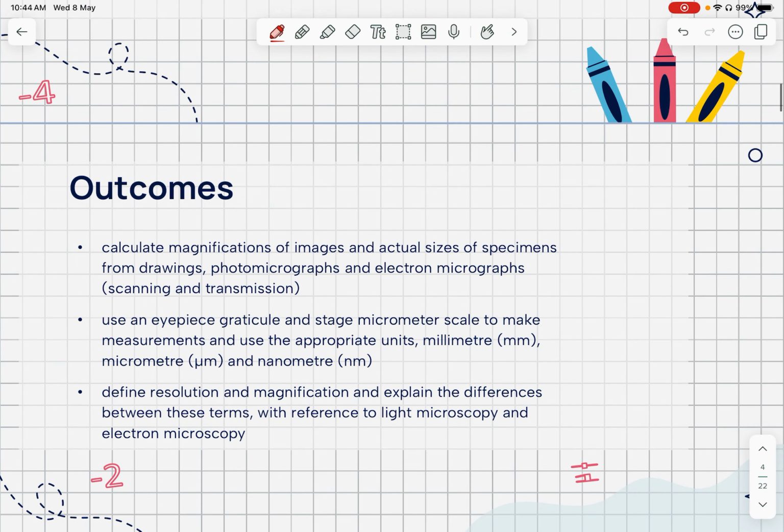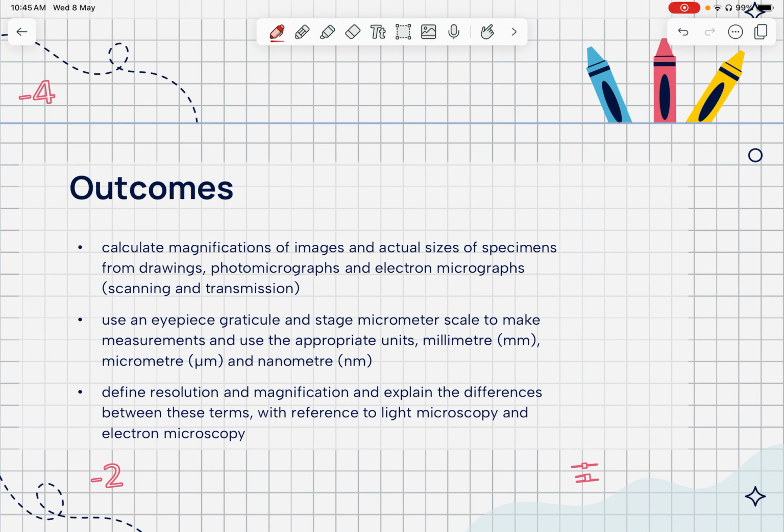The outcomes for today are to calculate magnification for images and actual sizes of specimens for drawings, photomicrographs, and electron micrographs with either scanning and transmission. Use an eyepiece graticule and stage micrometer to make measurements and use the appropriate units in millimeters, micrometers, and nanometers.